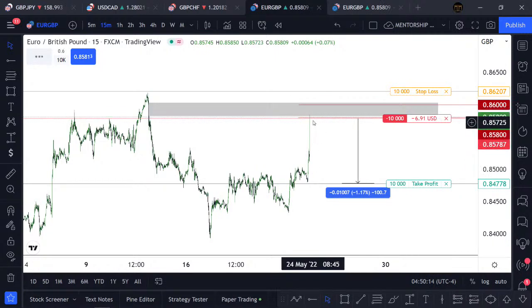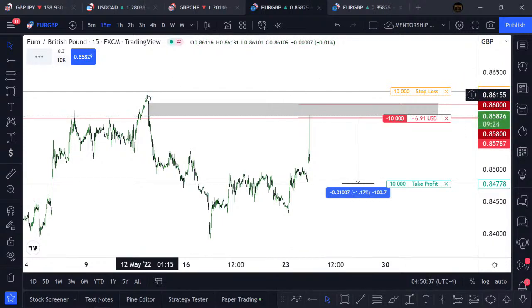I'm looking at institutional levels. We have an imbalance here. So if price trades to the 0 level, I am pretty sure that, but if it tries trading above the imbalance or the other institutional level, this means that they are coming for this high that came in on May 12th.